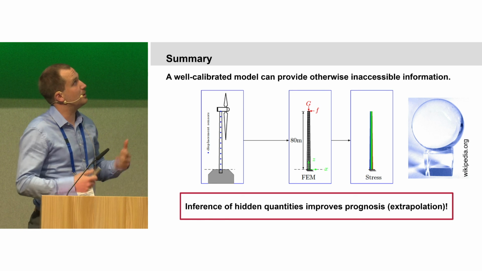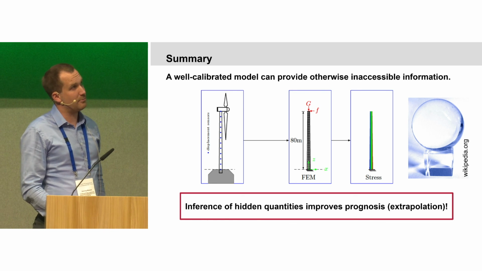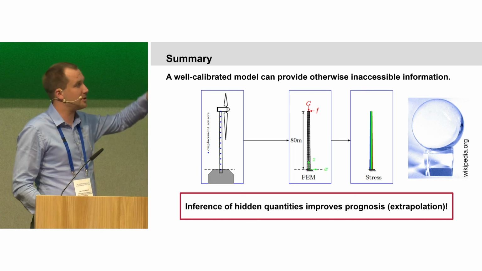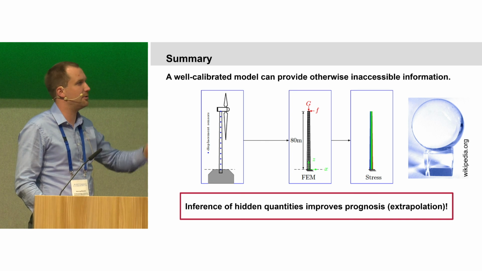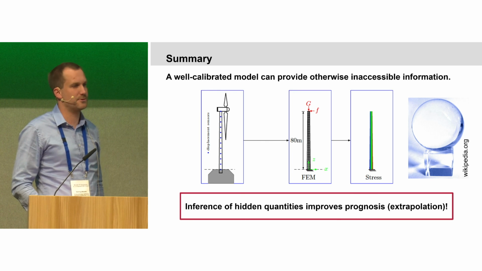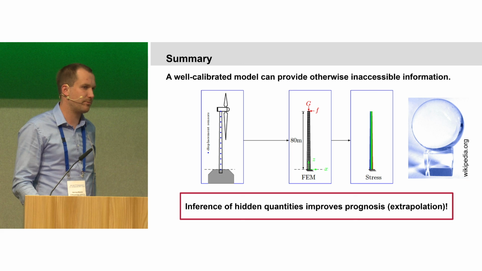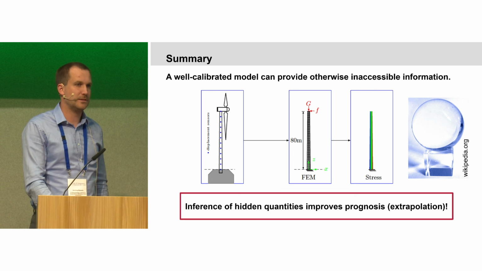And that way, a well-calibrated model can provide otherwise inaccessible information. It helps us to infer these hidden quantities and to improve prognosis and help to extrapolate the actual system behavior.